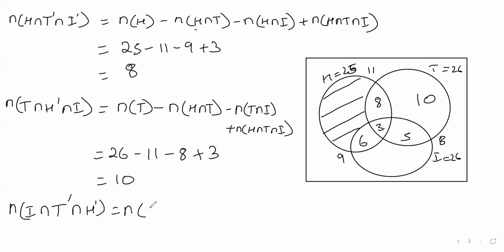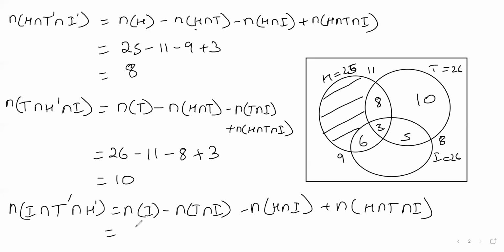It is number in I minus number in T intersection I minus number in H intersection I plus number in H intersection T intersection I. So that is 26 minus 8 minus 9 plus 3. There are a total of 12 people. See, 26 minus 5, 21. 21 minus 3 will become 18. 18 minus 6 will become 12.